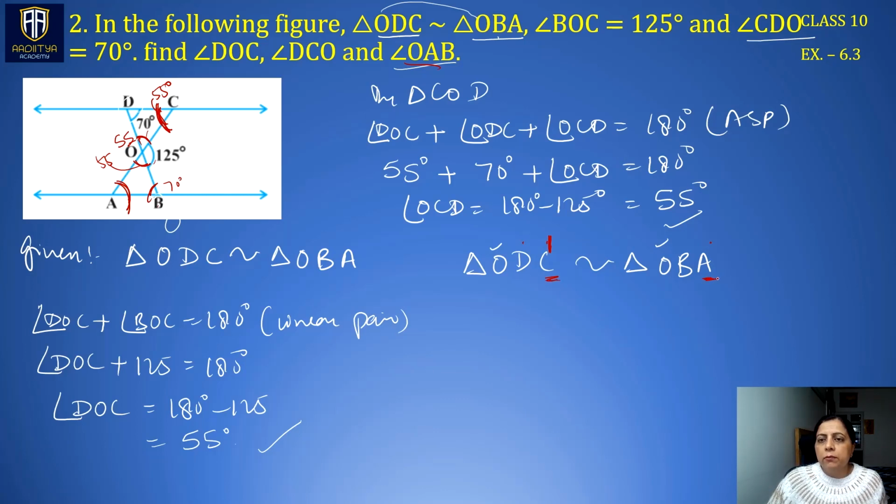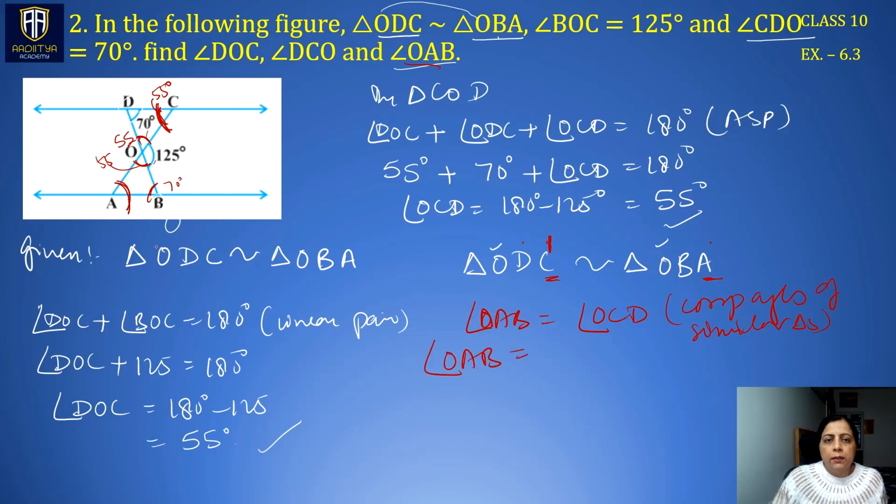So C has to be equal to A. So we can say that angle OAB is equal to angle OCD, corresponding angles of similar triangles. So angle OAB is equal to angle OCD, which is 55 degrees. So now we have found all the three angles that were required.